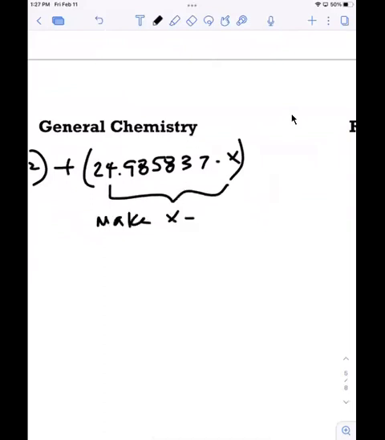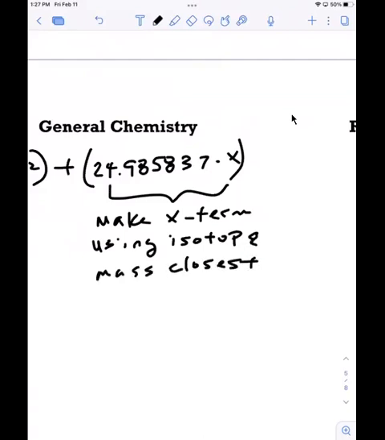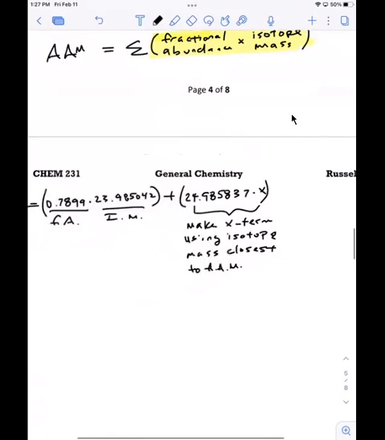We want to make the X term using the isotope mass closest to magnesium 24. So the isotope that's closest in mass to the average atomic mass, that's what we're going to use for X.